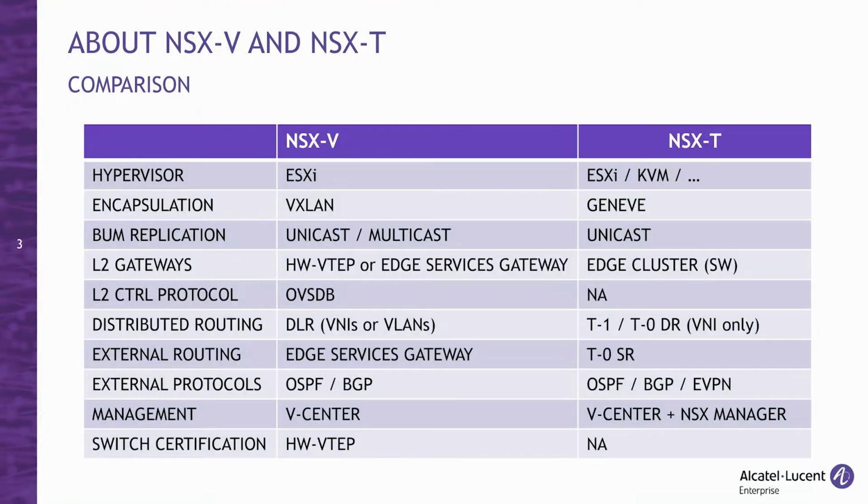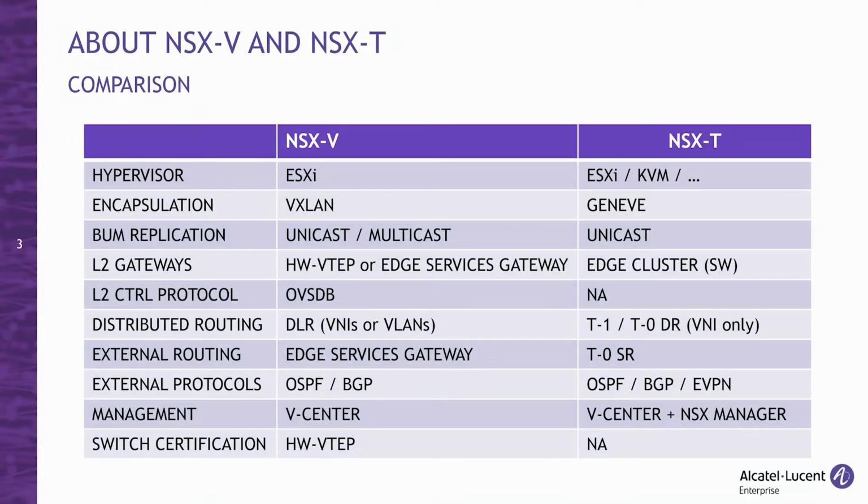Next, NSX-V with the VXLAN encapsulation supports hardware VTEPs, such as an OmniSwitch, to create a layer 2 gateway function between legacy or physical workloads and overlaid ones, which is controlled through OVSDB for single pane of glass management from vCenter.